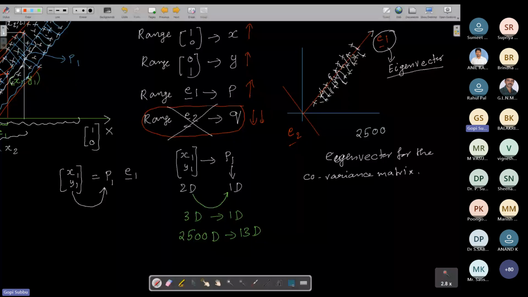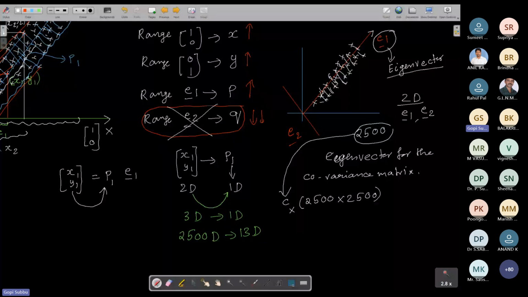Suppose it is 2500 dimensions. You get 2500 eigenvalues for the covariance matrix, since the covariance matrix size is 2500 cross 2500 when the vector size is 2500.